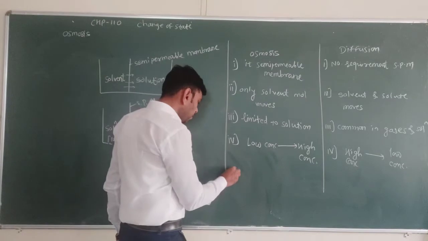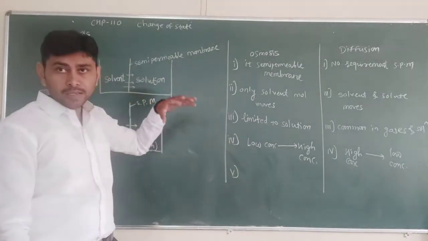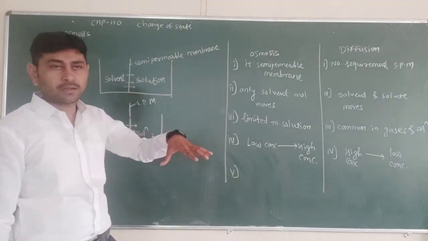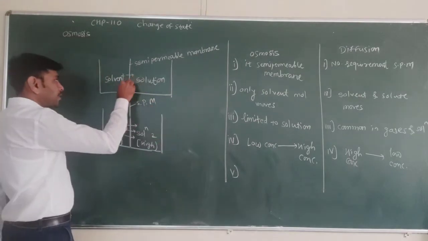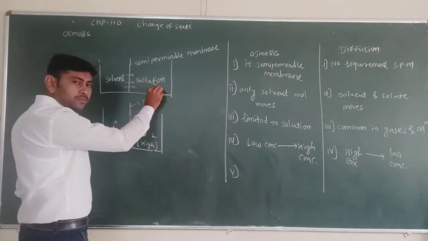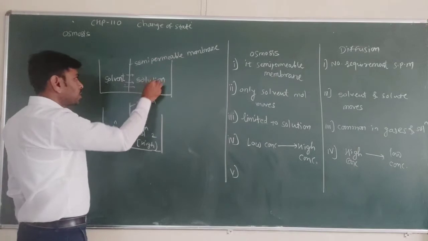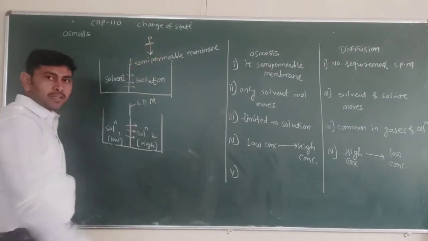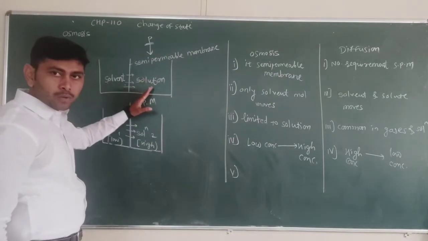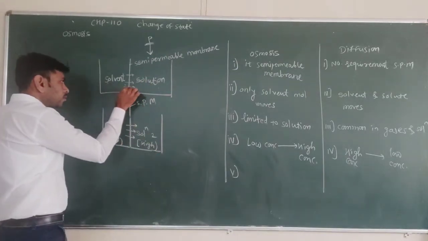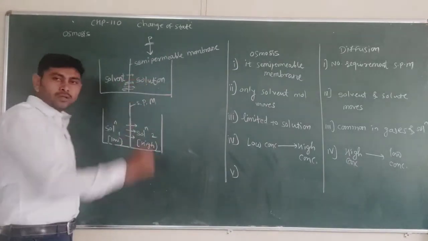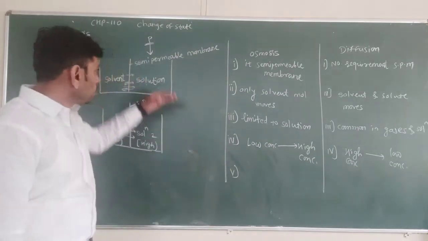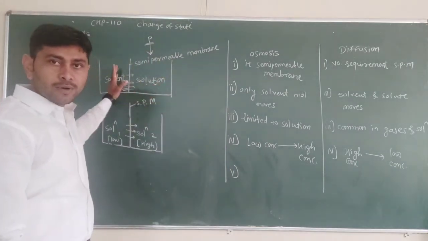And last, the important concept: when we apply pressure on the opposite side, that is, on the solution side, the solvent molecules move from the solution to the solvent side, the opposite side. So by applying pressure we can reverse the process.